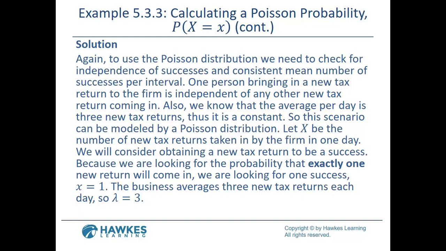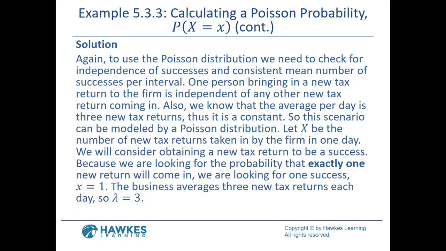One person bringing a new tax return to a firm is independent of any other new tax return that comes in the next day. We were also told that the average per day is 3 new tax returns, so this is going to be constant. So our scenario here is what we call a Poisson distribution.